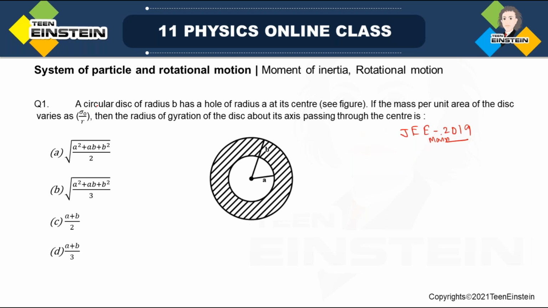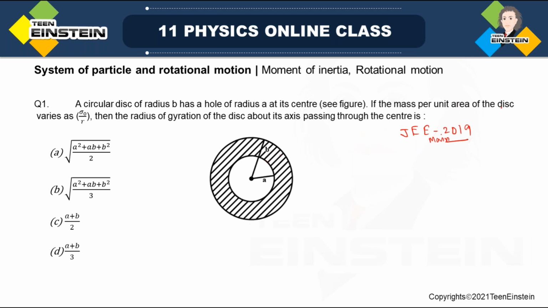So this problem states that a circular disc of radius b has a hole of radius a, as you see in the figure. The hole is at the center. It has radius a. So you have a disc where the mass is situated in this annular region.